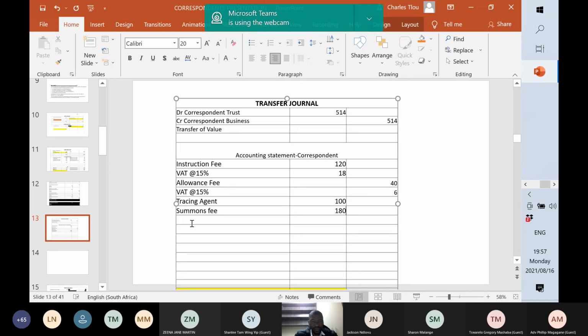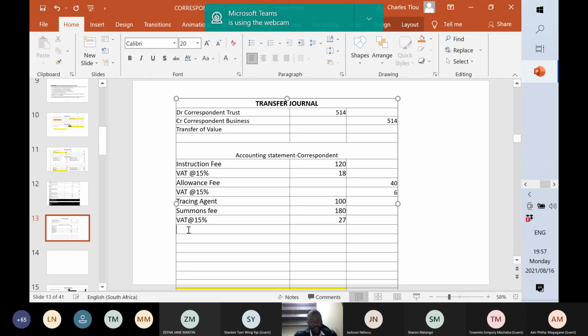And thereafter you record your VAT. What is the VAT of 180? The 15% of 180. 27. That is your 27 rands. It also goes to the debit side.